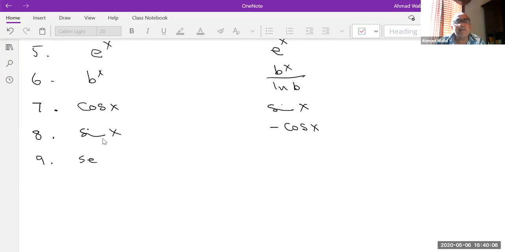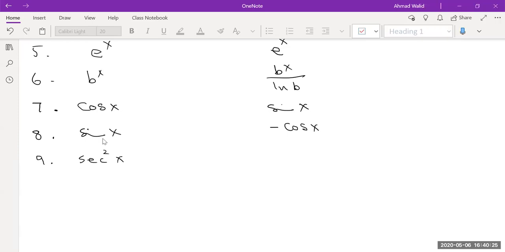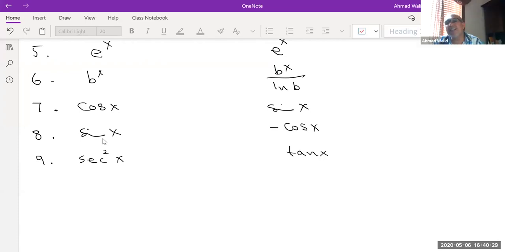Number 9, secant square x. Idea. The derivative of which trigonometric function was secant square? Tan x. Then the antiderivative of secant square x is tan x. Number 10.